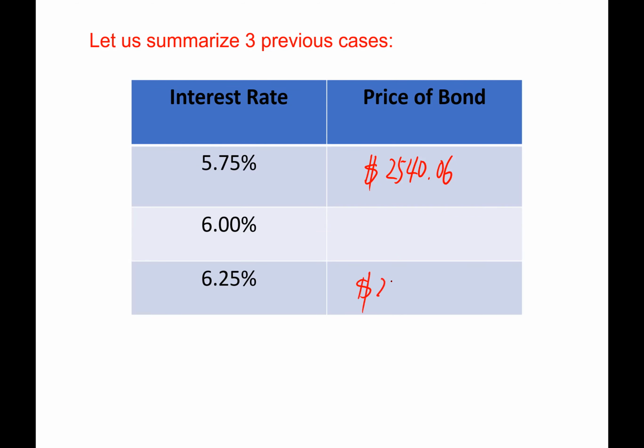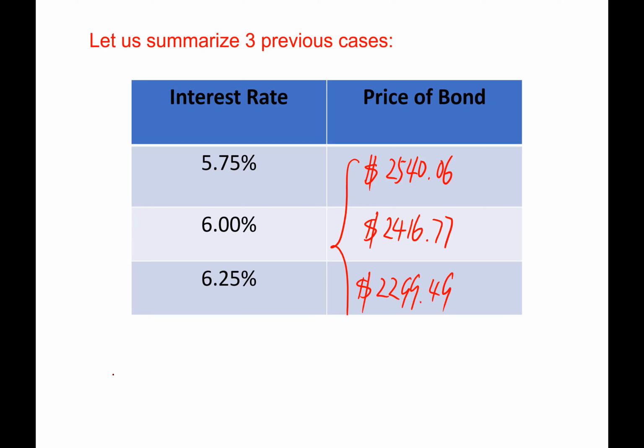So this is $2,299.49. So the 6% is right in the middle of those two. And this is $2,416.77. And you'll be able to see this clearly. The higher the rate, the lower the price of the bond, meaning you're getting more return from investments. Okay.